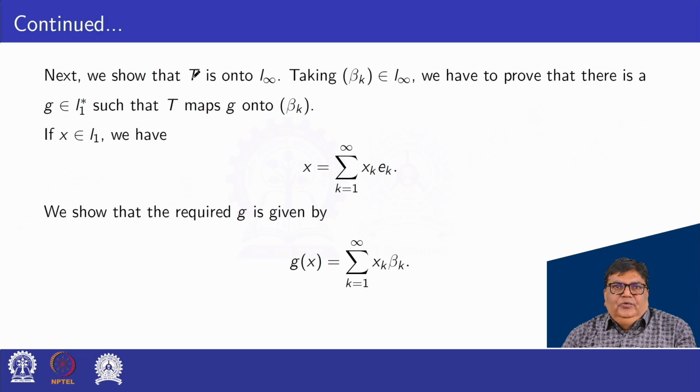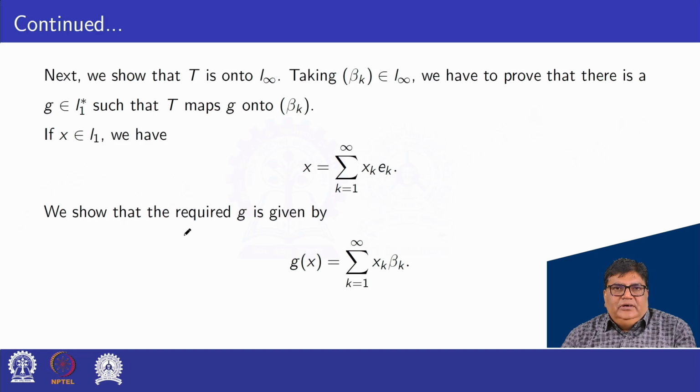Next, we show that T is onto L infinity. Taking beta k belonging to L infinity, we have to prove that there is G belonging to L1 star such that T maps G onto beta k. If x belonging to L1, we have x is equal to summation k is equal to 1 to infinity x k e k.